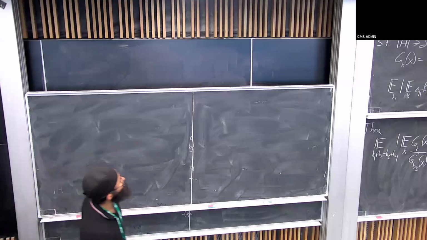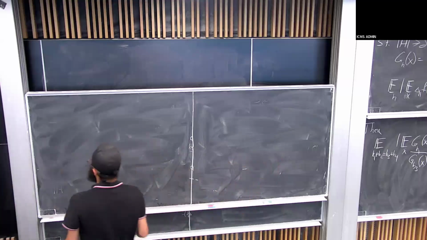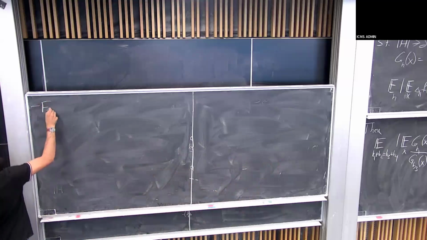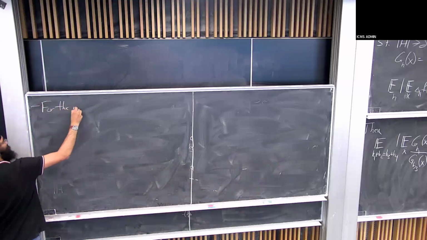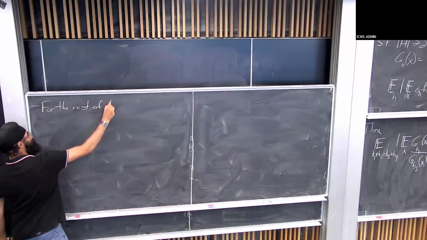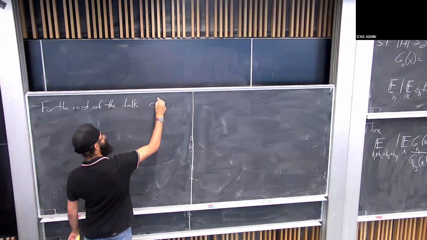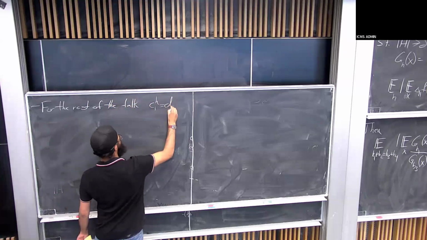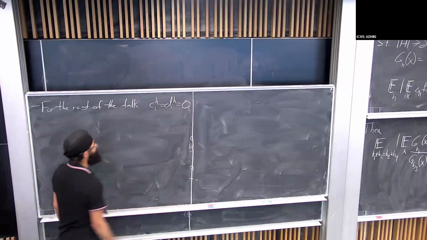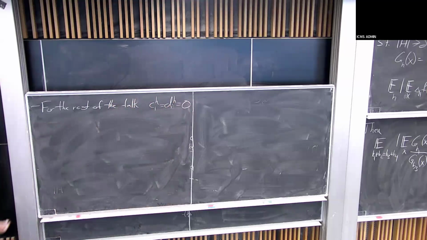Okay, so I wrote some slightly ugly expression there. For the rest of the talk, Ci of H and Di of H are equal to 0. It's fine. Okay, so what do we have?